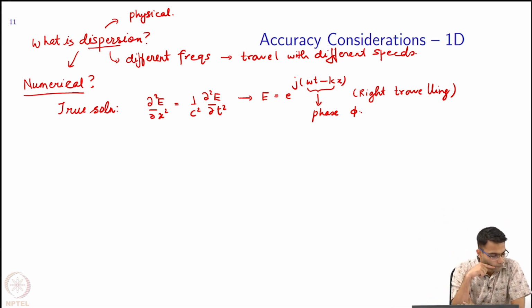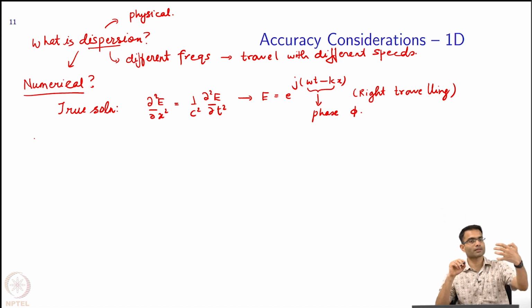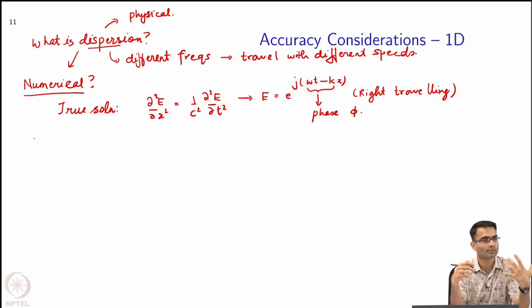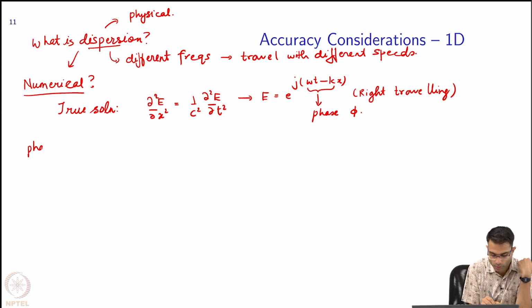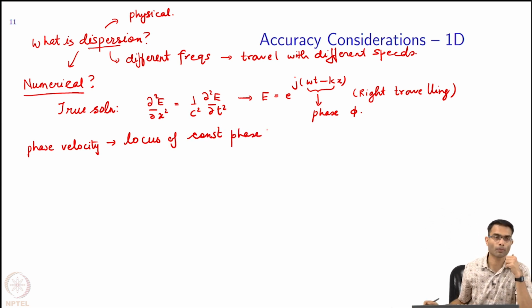Okay. So, if I want to find out at what speed this wave is traveling, then what is that physically known as? What is phase velocity defined as? Right. So, phase velocity is the locus of constant phase. How do I obtain this?